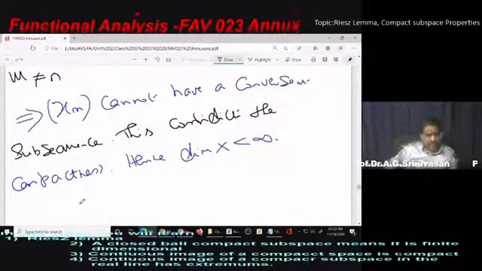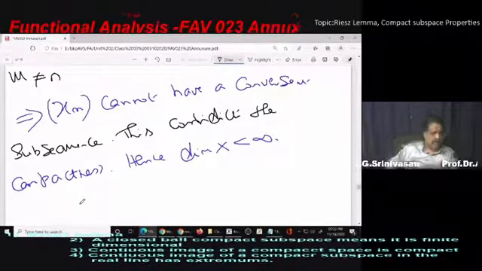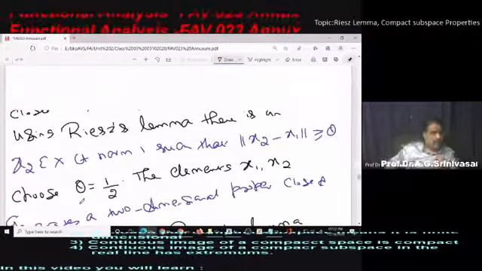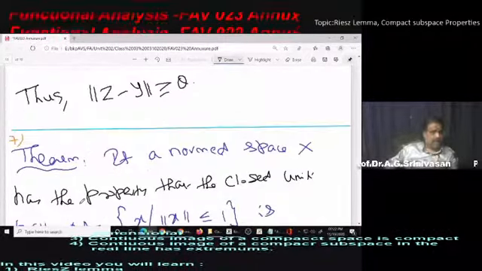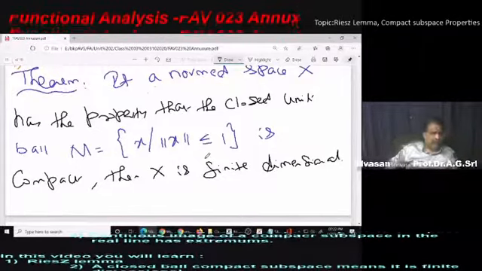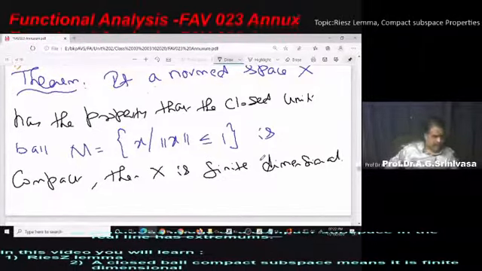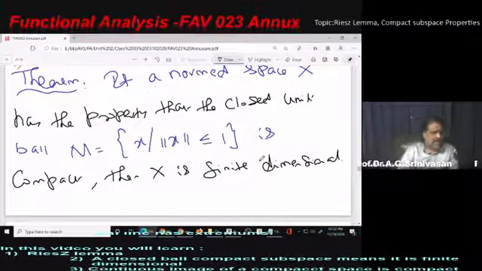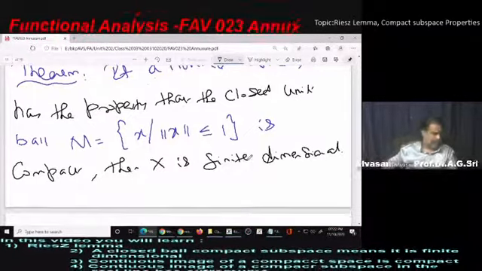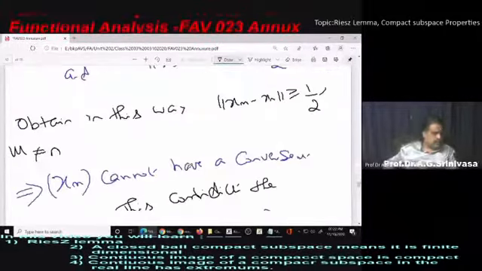This contradicts the fact that M is compact. We assumed that M is compact. Therefore, the dimension must be only finite. So we proved that if this closed ball is compact, then the normed space must be finite dimensional. It's like bringing in finite dimensional space using the closed ball compactness.